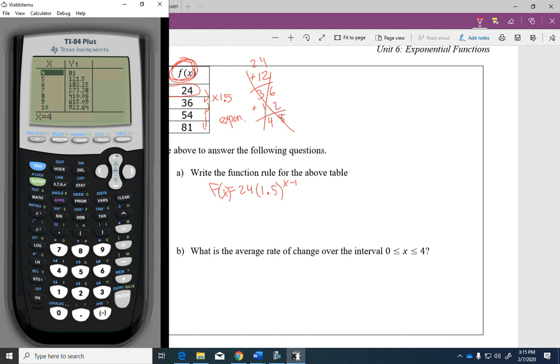Is it generating what that table says? So at 1, I have 24. At 2, I have 36. At 3, I have 54. I'm confident.